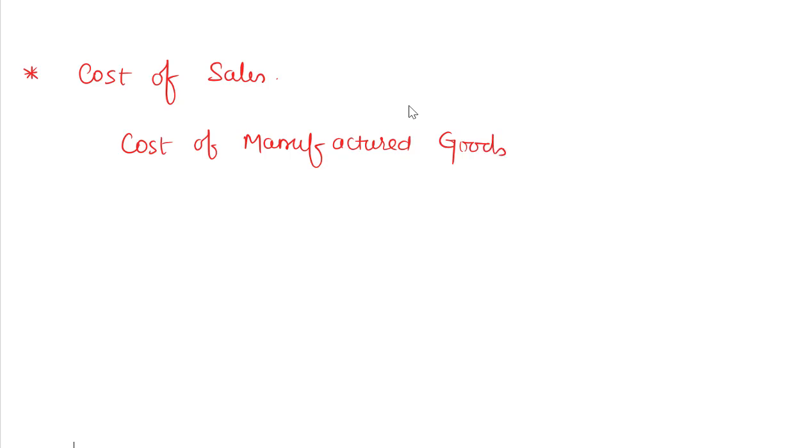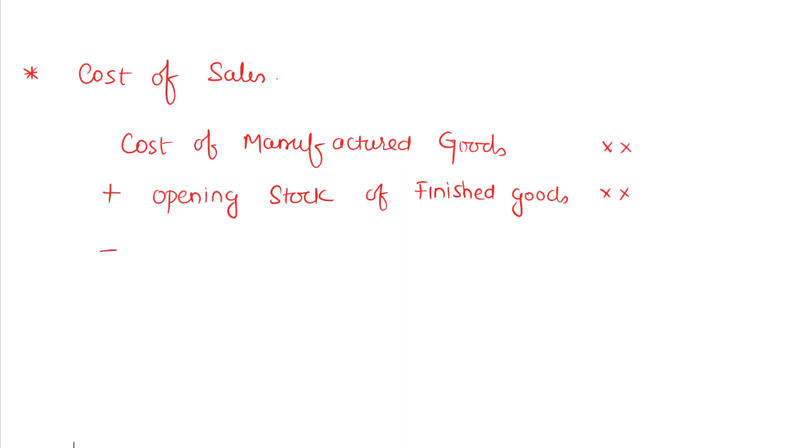Next is cost of sales. How to calculate cost of sales? Cost of manufactured goods that we have calculated through the cost sheet, plus opening stock of finished goods, less closing stock of finished goods.